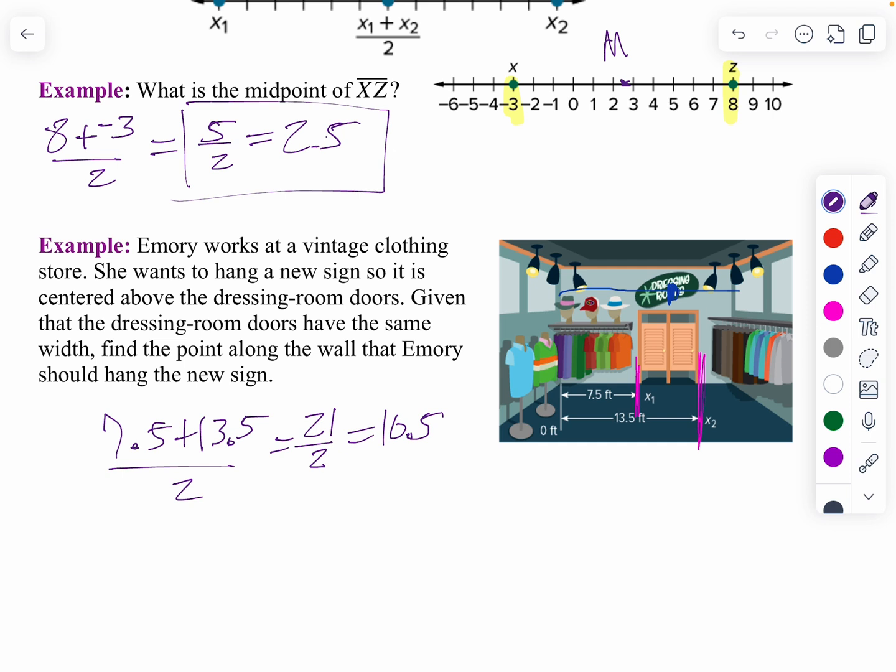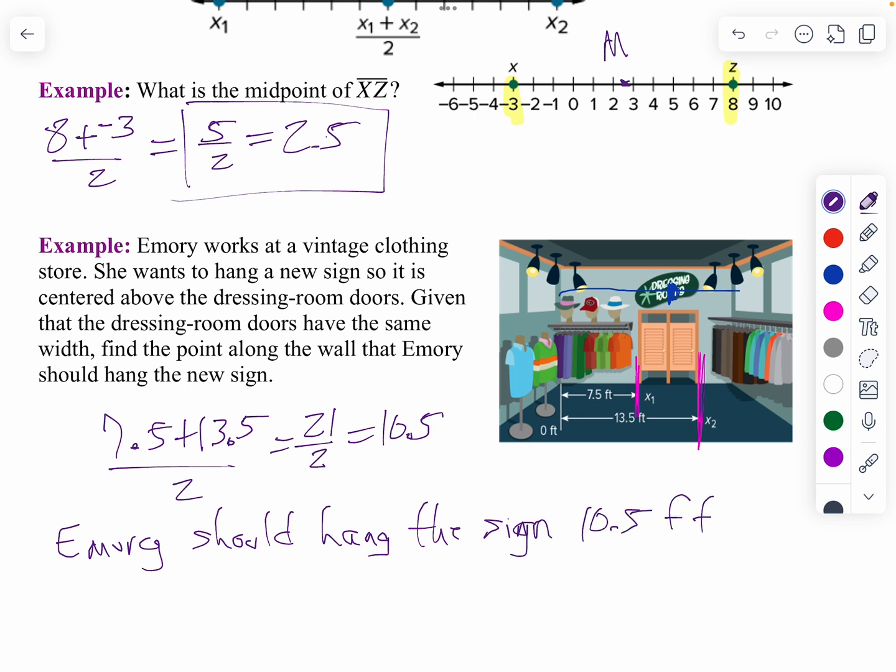I would say that Emery should hang the sign 10.5 feet from the left wall.